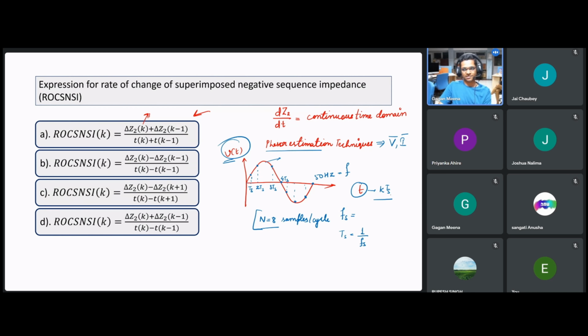Or we can say here we have taken k, so this is kTs. And in between these two we have only this. So time at k minus 1 and time at k. The difference between these two samples is this.